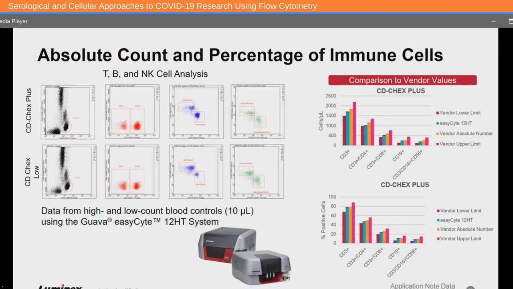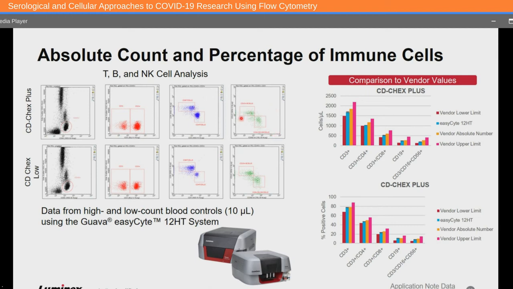One can also obtain more detailed studies and obtain enumeration information on multiple subpopulations in parallel. Here we show multiparametric analysis for T, B, and NK populations using flow cytometry. An example is shown for CD-Chex Plus on the top and CD-Chex Low controls, stained with combinations of CD45, CD3, CD4, CD8, CD19, and CD56 and CD16 antibodies.